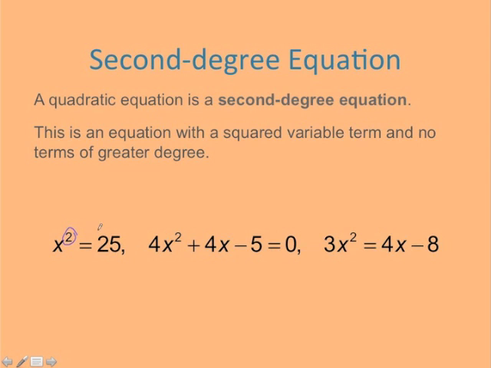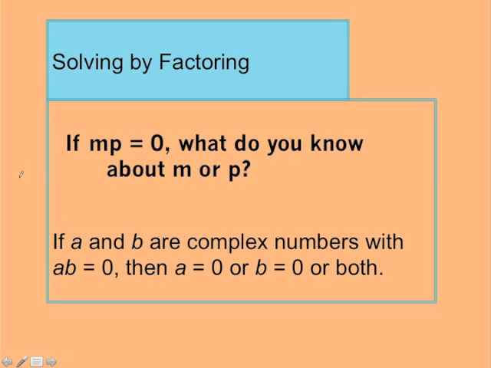So, second degree. One way to solve quadratic equations is by factoring. If m times p equals 0, what do we know about m or p?